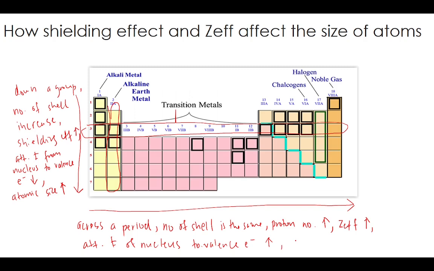Therefore, what happens to the size? The size of the atom becomes smaller. Okay, so that is how shielding effect and ZEF affect the size of the atom and how it relates to the periodic table.